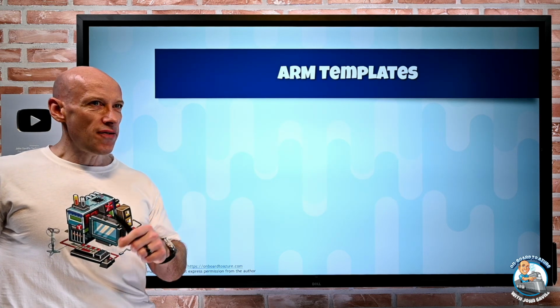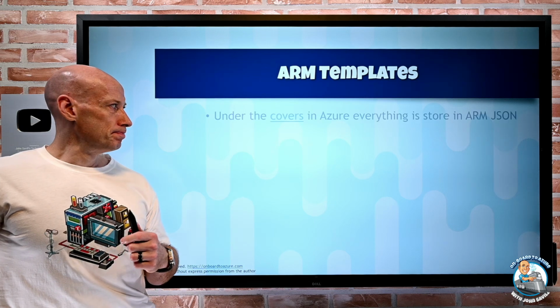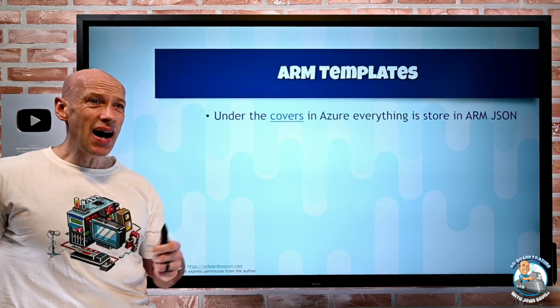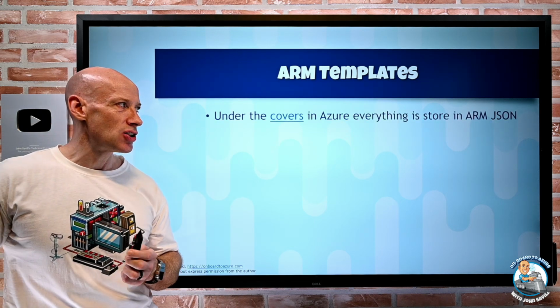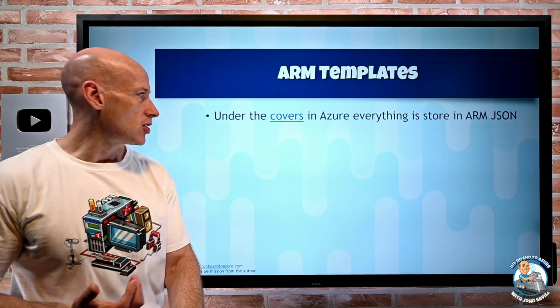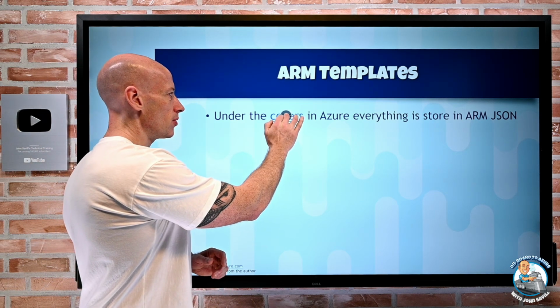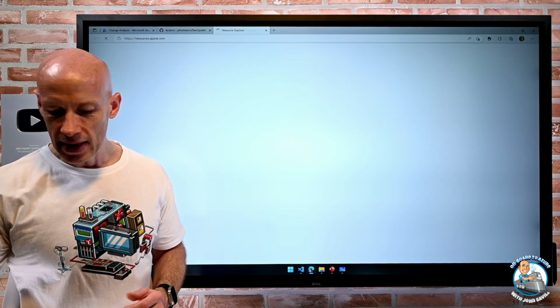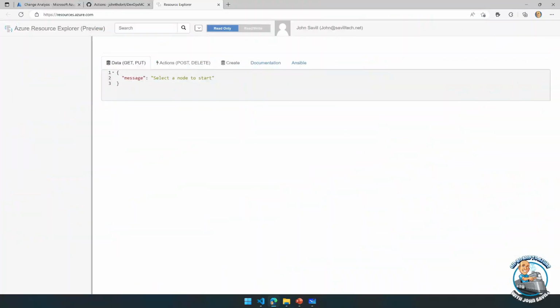So let's dive into ARM and Bicep. Under the covers, everything in Azure is actually ARM JSON. So it's JSON configuration. I think this is actually going to open up resources.azure.com. There's actually a site you can go to. So there's resources.azure.com.